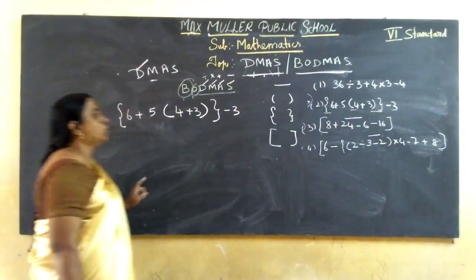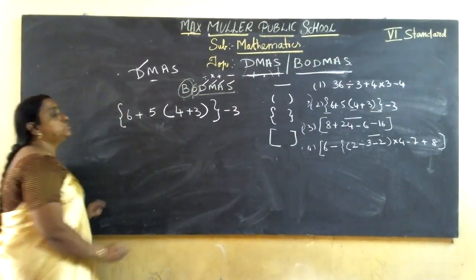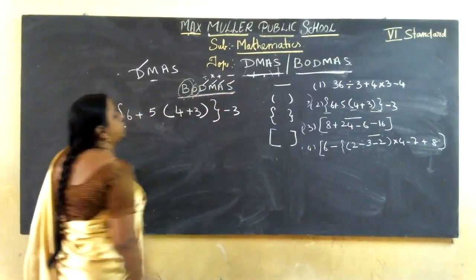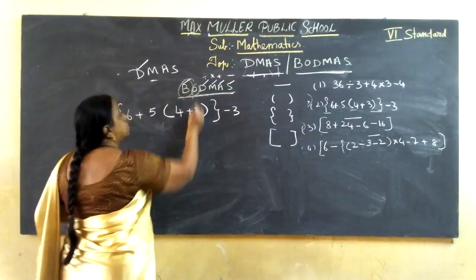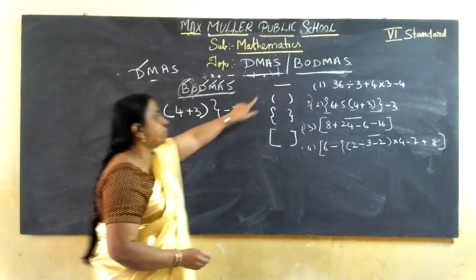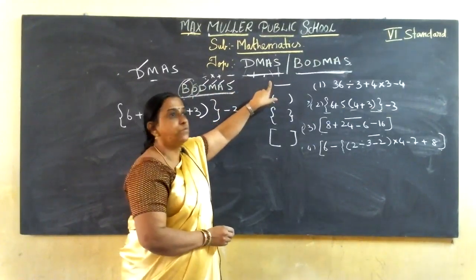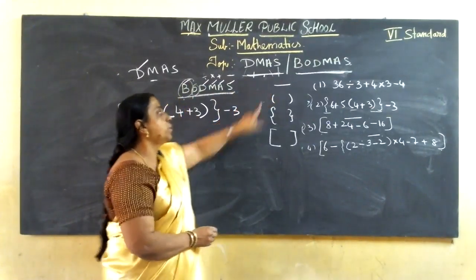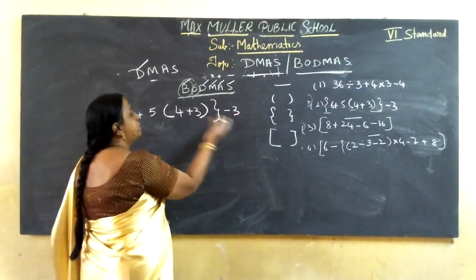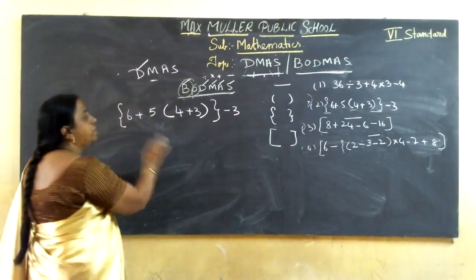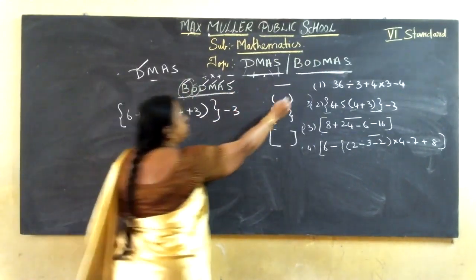This is the question. Now which rule should you follow first? BODMAS rules. First you should solve brackets. In brackets, first you should go for the vinculum or bar bracket. Vinculum is not there, the bar bracket is not there, so no need to go for this.